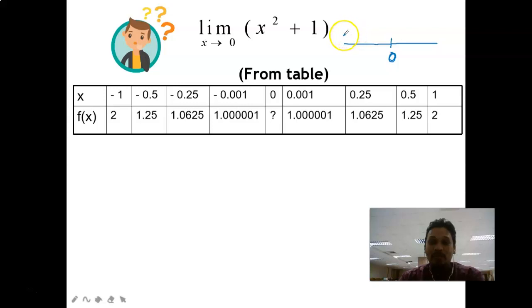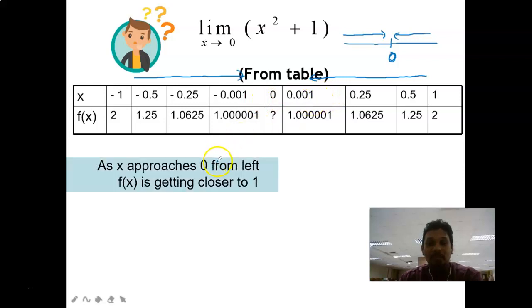And these are all values of x approaching 0 from the left and approaching 0 from the right. So x equals negative 1, negative 0.5, negative 0.25, negative 0.0001, negative 0.000001, you just name it, as long as it's not exactly 0.